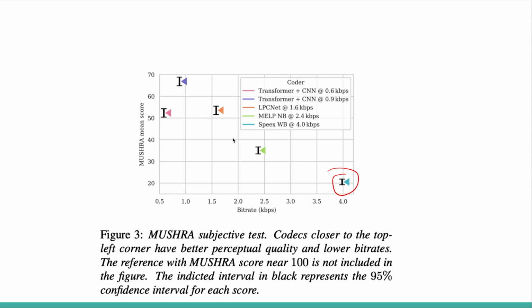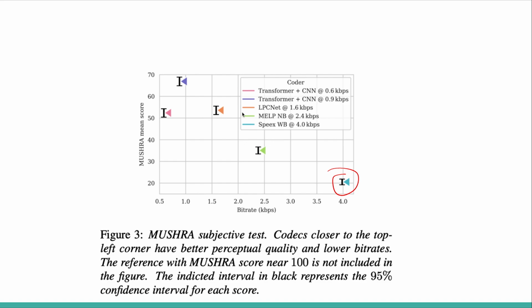That means using these models, you can transmit data even with very low bandwidth. At 0.4 kbps, even with a very low bandwidth network, you can have speech codecs which generate very high quality audio.